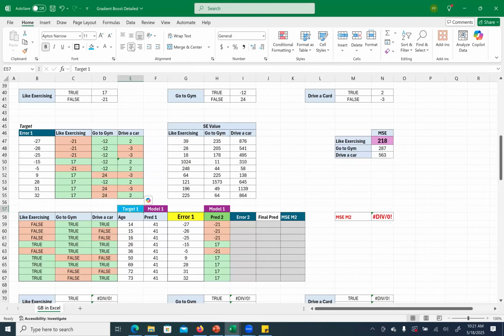And this is going to be my target two. So using model two, I was trying to predict my target two. Now what I will do is calculate error again. Actual value minus the predicted value.